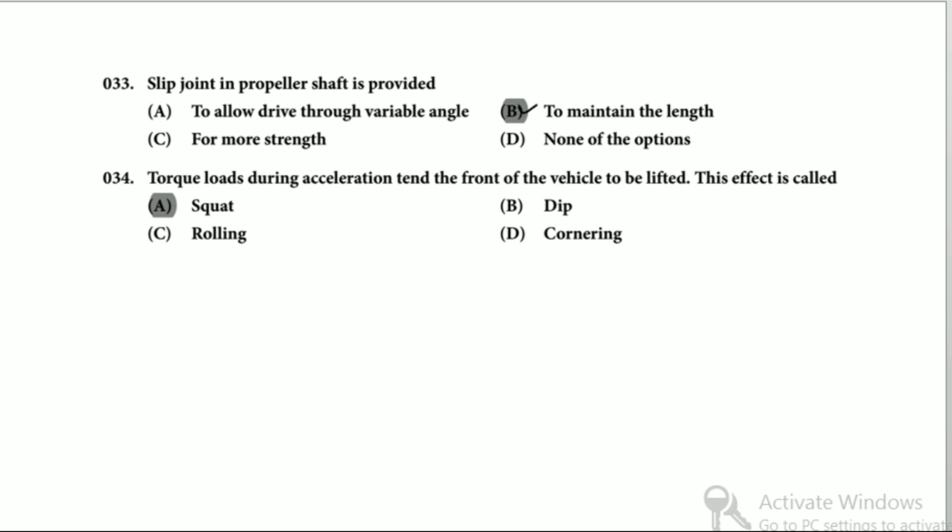Then question number 34, torque loads during the acceleration tend to make the front of the vehicle lifted. This effect is called squat, right? So A should be the answer. Similarly, you can go for dive, rolling, cornering, right? These are the things you can refer to.